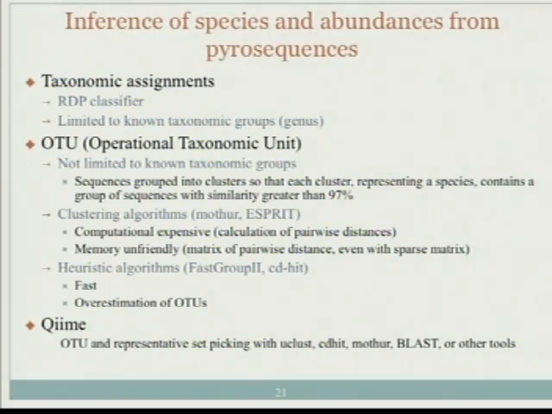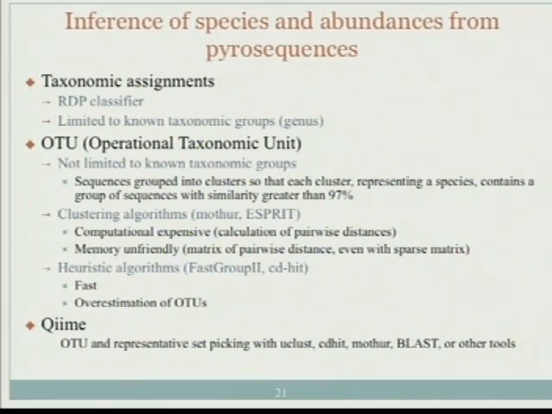If you use 97% identity as a cutoff, you make sure everything grouped in one cluster shares at least 97% identity, and they are probably from the same species. That's species-level resolution. That may change for individual cases, but that's the criterion people use for defining species. For a genus, you can use a lower cutoff, but anyway, you can just use a cutoff of 97.